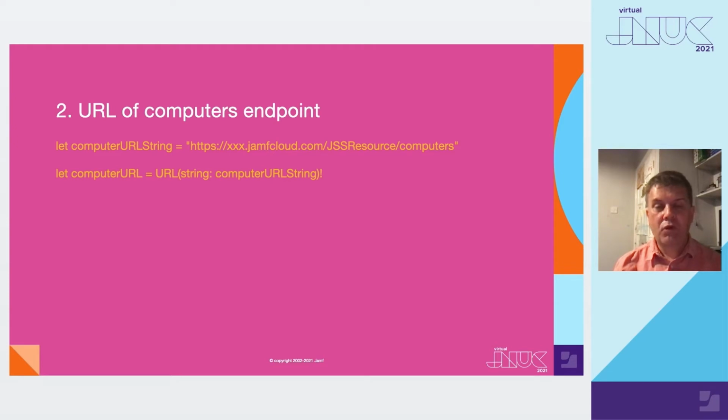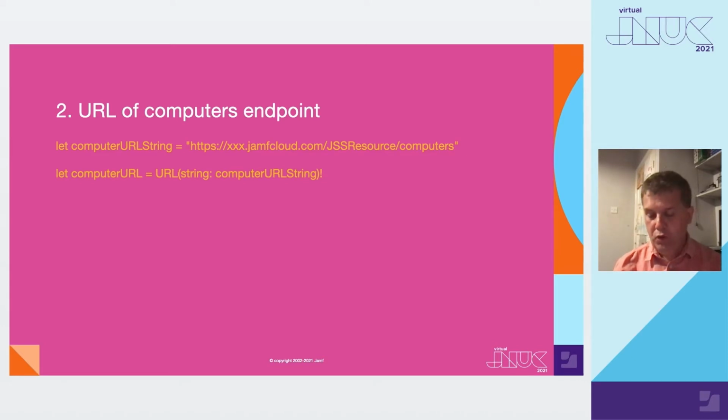When you convert a string to URL, it will do it as an optional, because there may be a situation where it can't convert it to a URL. That string may be badly formatted, may not be a correct URL, can't be converted. So it needs the ability to fail. In this situation, I'm using the exclamation mark because I know that URL will pass and it'll work. But if you're unsure, you could do the if-let version just to make it a bit safer.